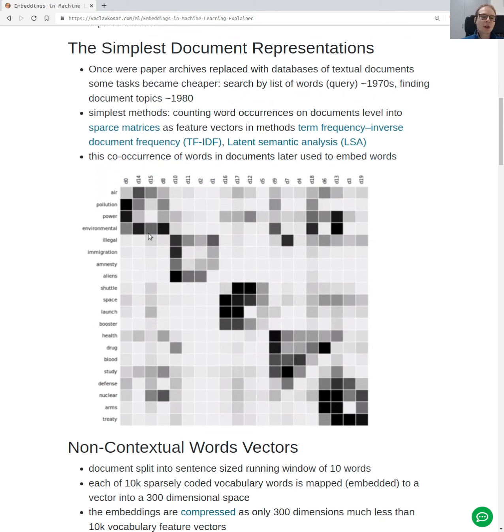So going from the historical perspective, initially when computer science was starting, we basically replaced the libraries of paper documents with databases of some textual representation of those documents.